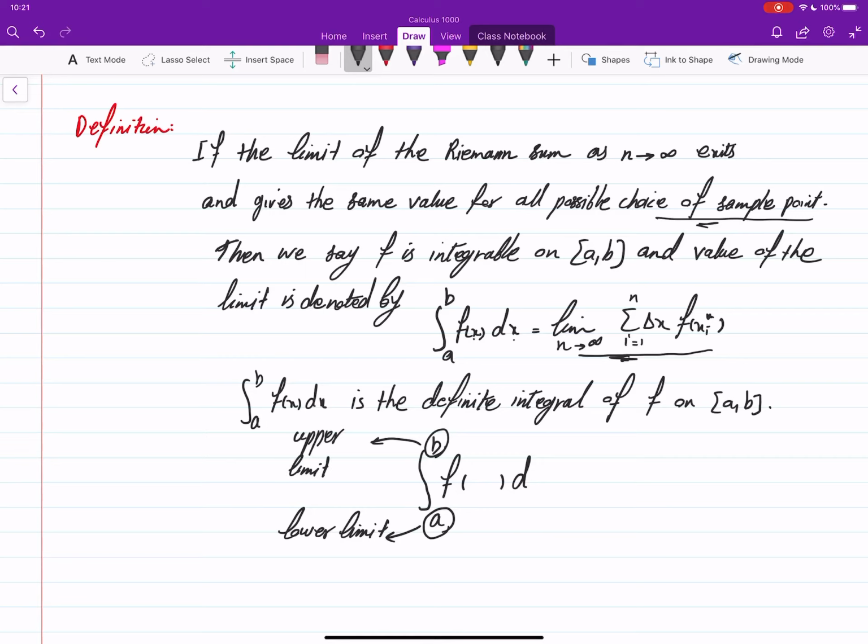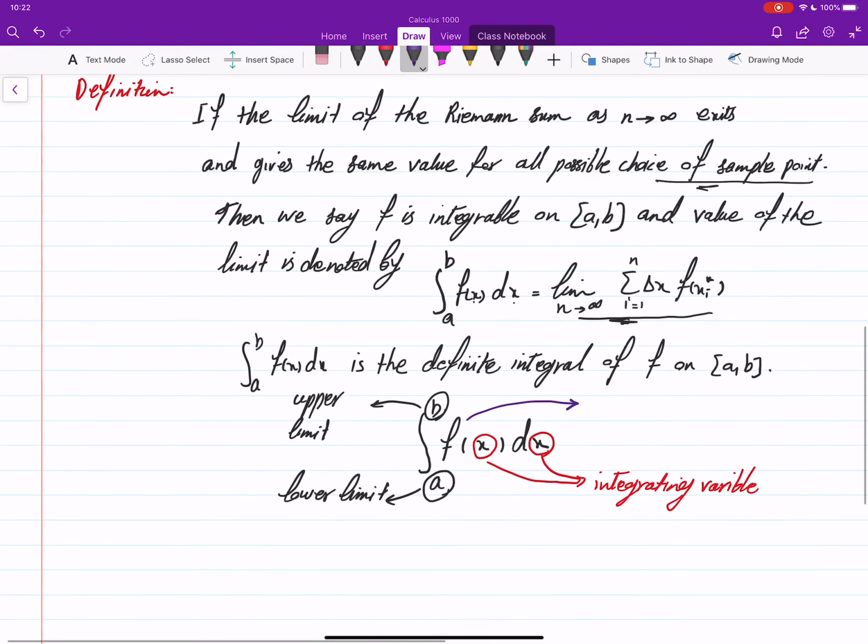And then d of a variable, in this case we put x, you could have put t or whatever you like, and the same variable would appear here. This variable x is called the integrating variable. And the function that you put inside the integral is going to be called the integrand.